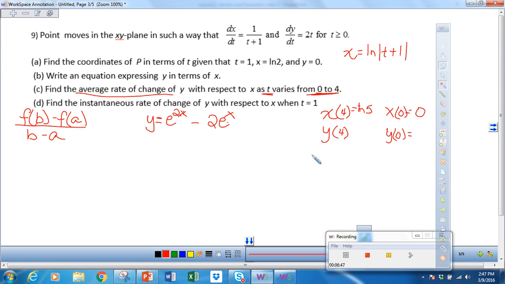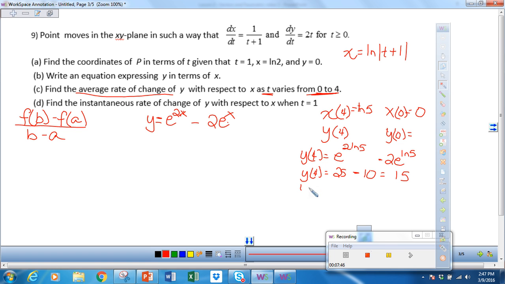So then y of 4 is going to equal to, I don't have enough room there, so I write it here, e to the 2 natural log of 5 minus 2e to the natural log of 5, and which simplifies to natural log of 25, because this comes up and becomes the natural log of 5 squared, and e to the natural log of 5 squared is just 5 squared, so y of 4 becomes 25, and minus, sorry, still have to do this one, 2e to the natural log of 5 is just 5, so minus 10, so y of 4 is equal to 15.